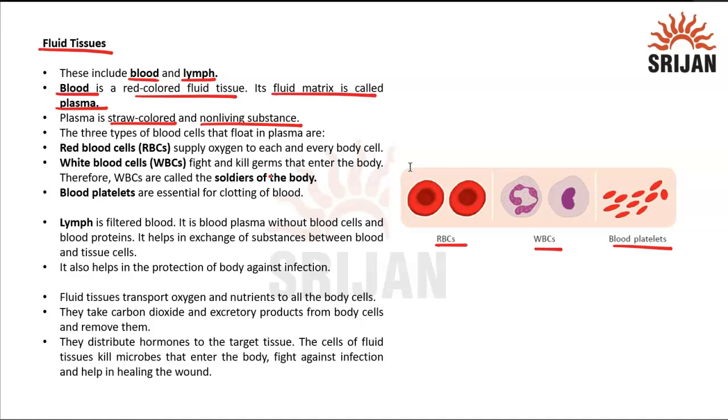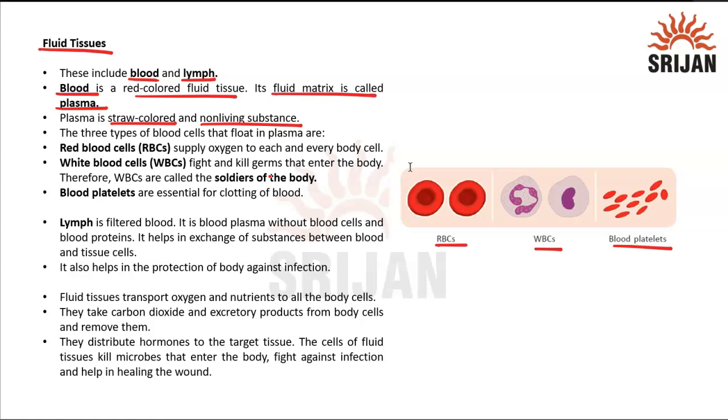In blood itself you have different components, and as per their color you can identify which is an RBC, which is a WBC, or which is plasma. Plasma is straw colored and also non-living because it doesn't have a nucleus as such. Once RBCs divide they lose the nucleus, which is also a property of RBCs.